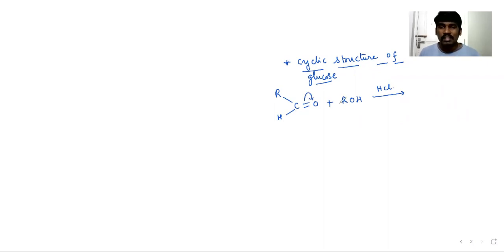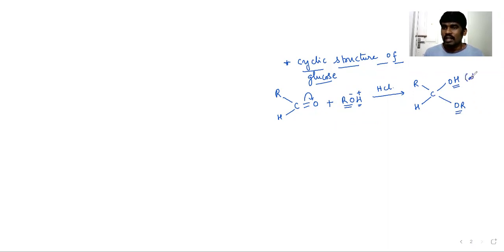Alcohol being an acid, it can dissociate as RO minus and H plus. So when the aldehyde reacts with alcohol in the presence of HCl, RO minus and H plus are there, and carbon gets a positive charge. So what do you get? RCH, with O attacked by H, giving OH, and it is OR. It is an alcohol, and it is an ether. Check it, the ROR group, COR means ether.